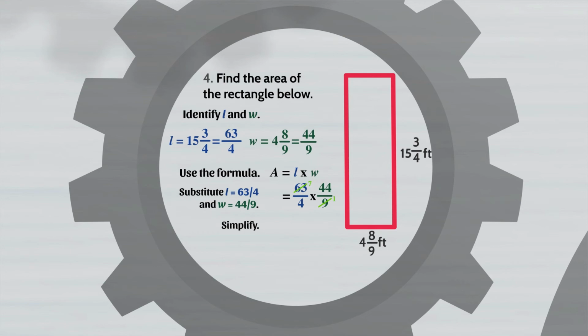Do this with the other numbers. Divide 4 and 44 by their GCF, 4. Now everything is simplified. We can proceed to multiplication. That is 7 times 11 over 1 times 1. Simplify this even more. Then A = 77. Thus the area is 77 feet squared.